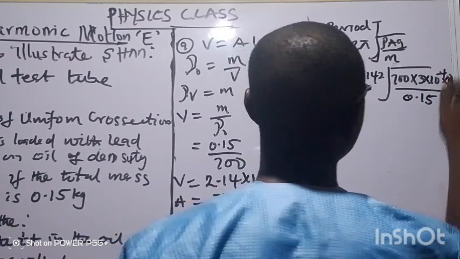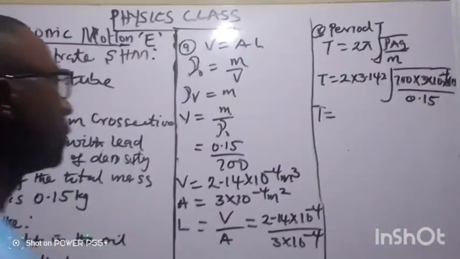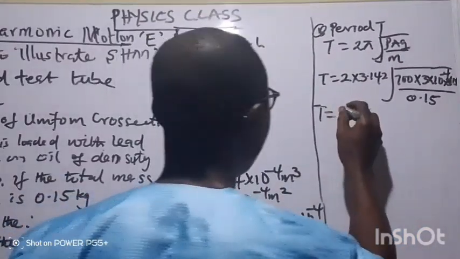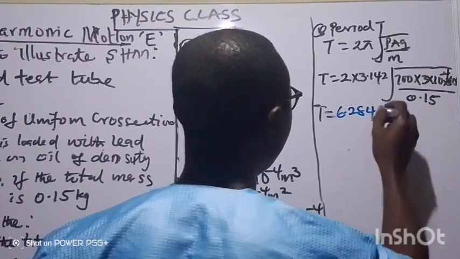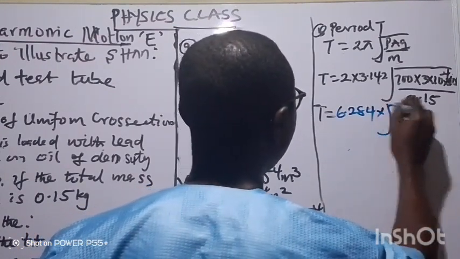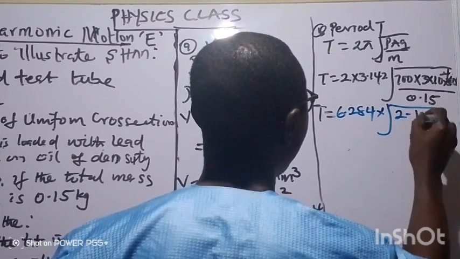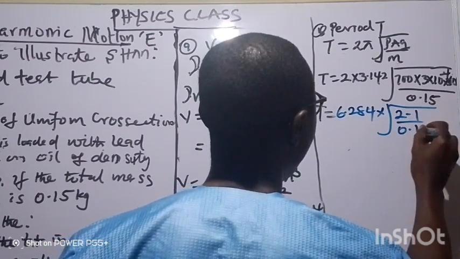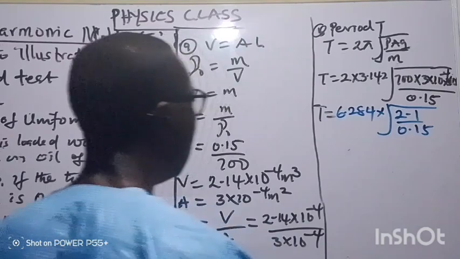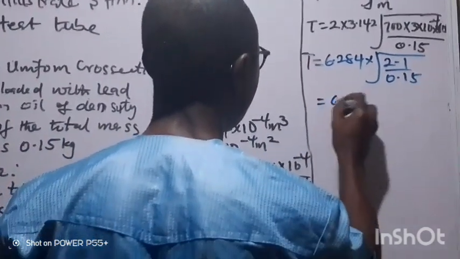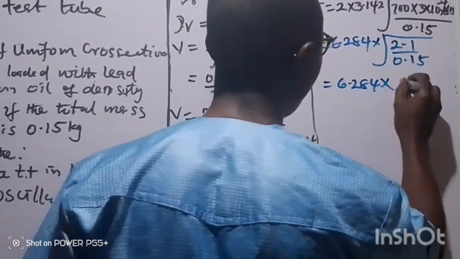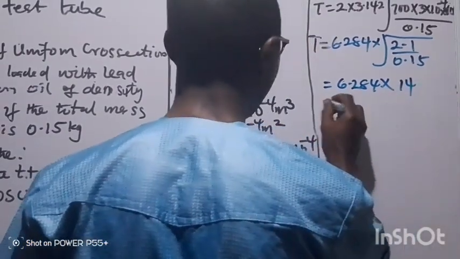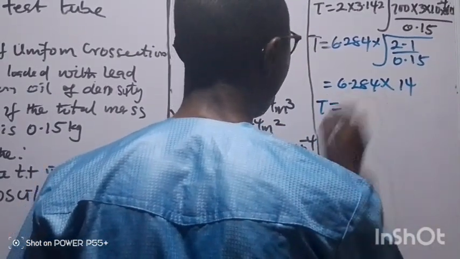The period will be 6.284 multiplied by the square root of 2.1 divided by 0.15. This one will now give us 6.284 multiplied by 14, and that one will be root 14.